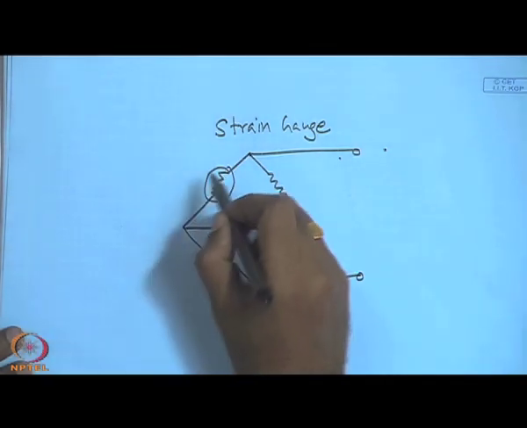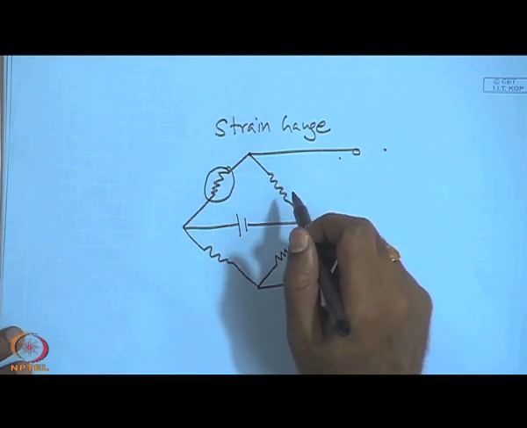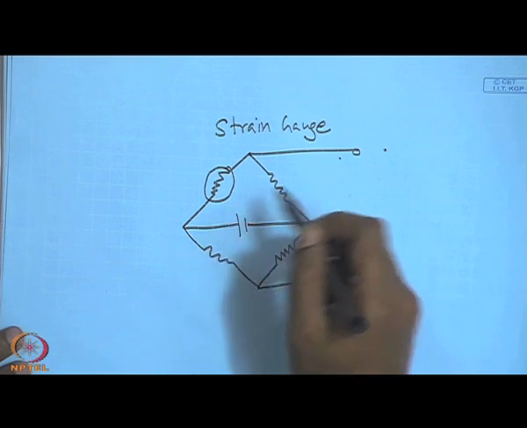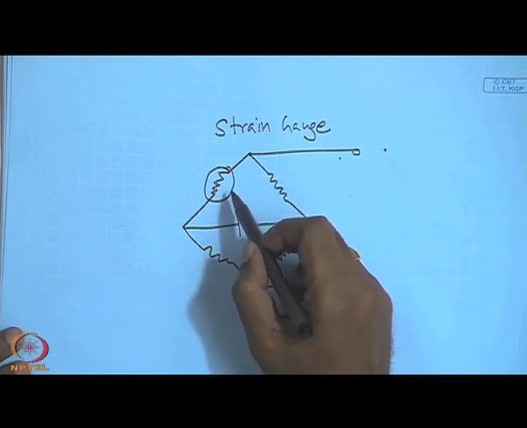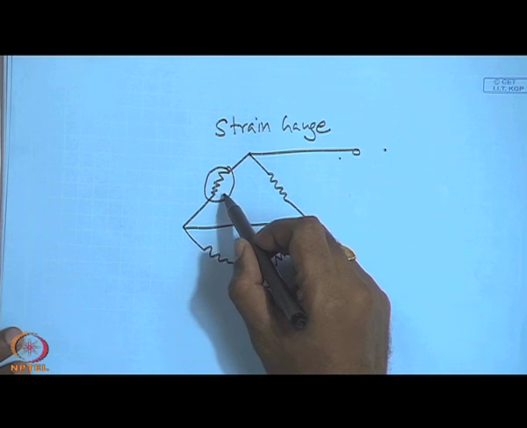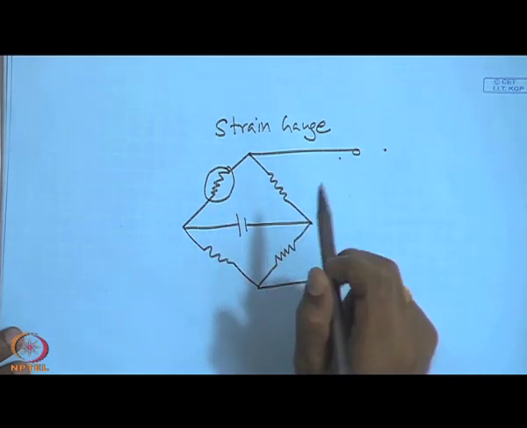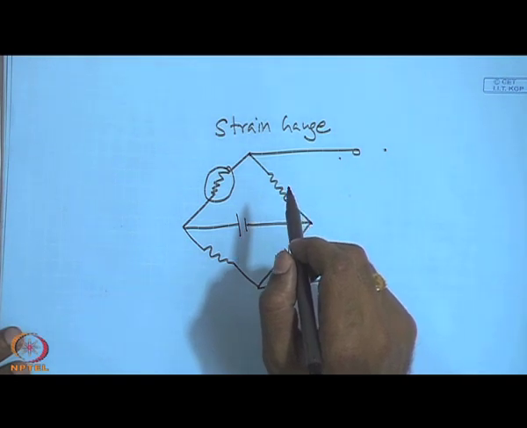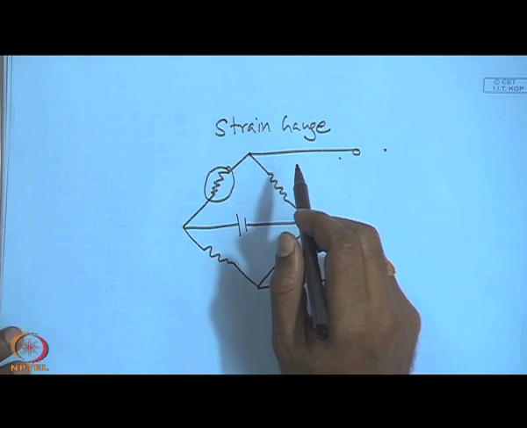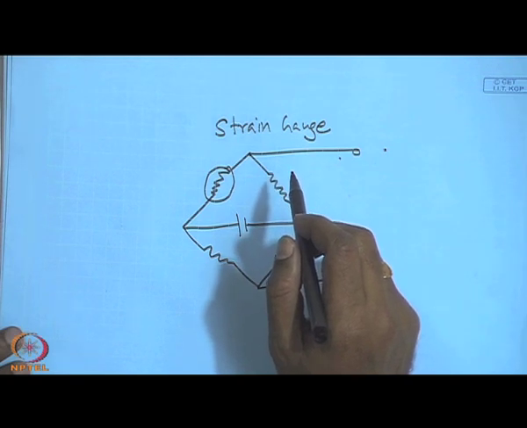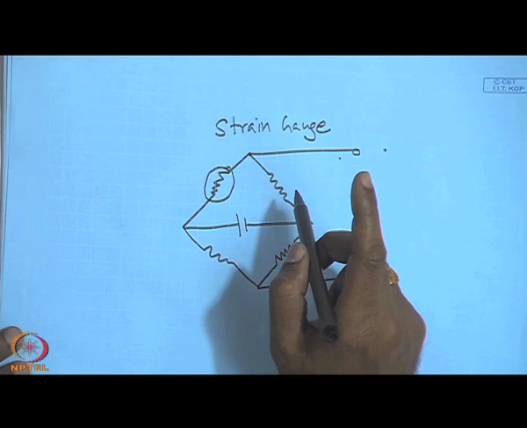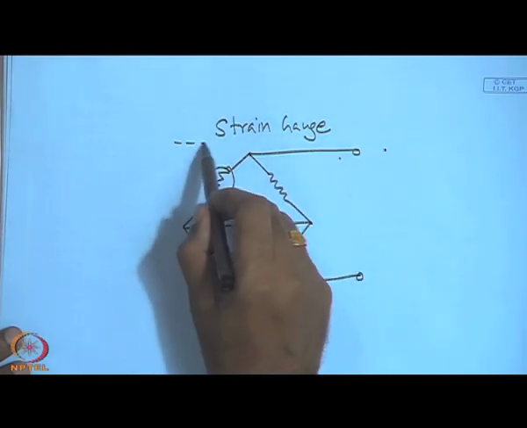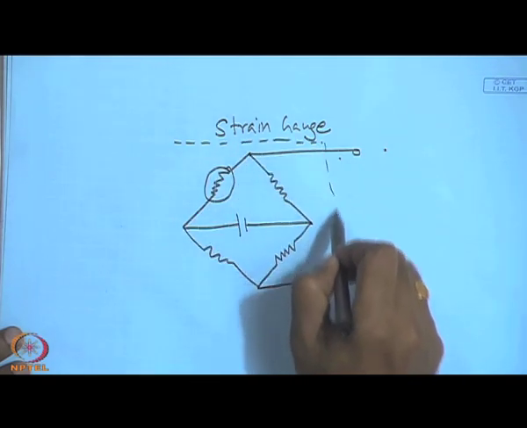Consider this to be the strain gauge put in one arm of the Wheatstone bridge. We know the unbalanced current is a measure of the strain in the specimen. Now, the strain gauge can become sensitive unintentionally to magnetic field. So, to block the effect of interfering magnetic field, we can put a magnetic shield around the circuit.